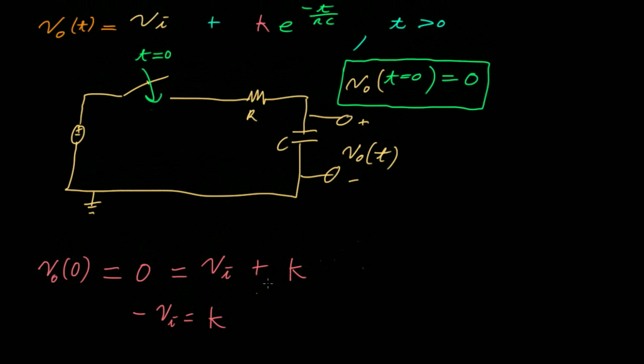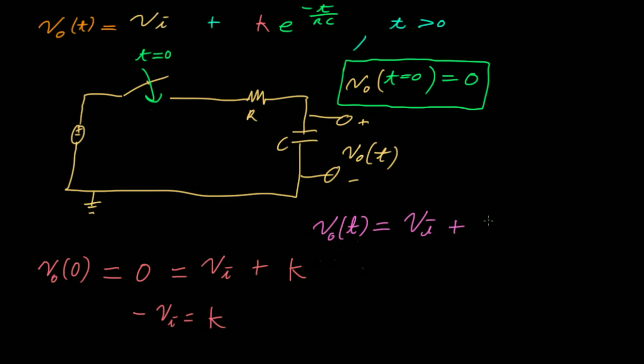We now know that our V out as a function of time across this capacitor for this first order transient circuit is going to be equal to our particular solution, Vi, plus our homogeneous solution, which we have just solved for.